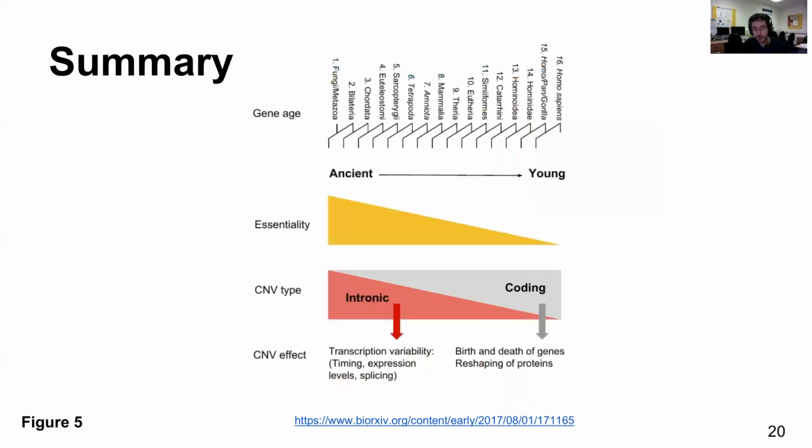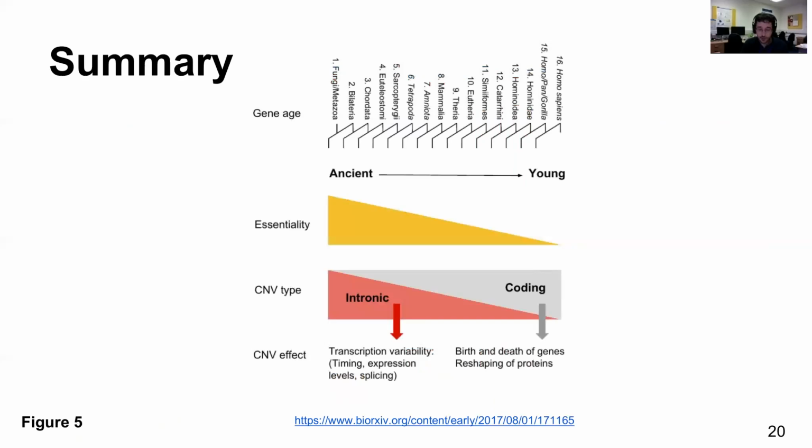And I think the main message of this work is that copy number variation will affect differentially ancient and young genes. So in ancient genes that tend to be enriched in essential functions, we will mainly have intronic variability, and this intronic variability may affect the expression timing, expression levels, and we also have some preliminary new results that are not included yet in the paper.